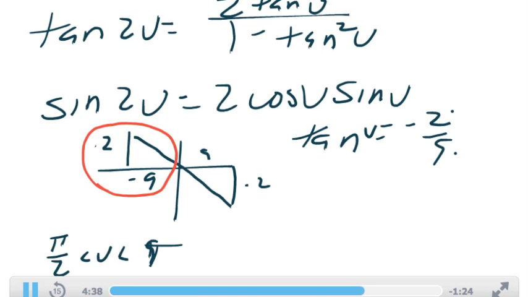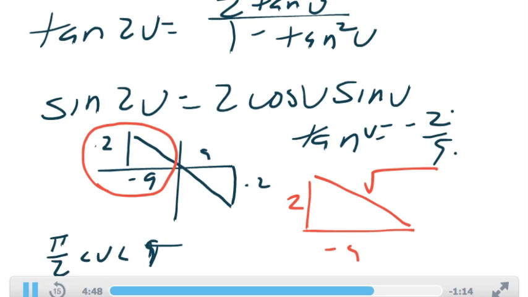All right, so now then, I can solve for what's the hypotenuse, right? If this is 2 and this is negative 9, this is square root of 9 squared plus 2 squared, which is what? Square root of 85? Is that right?